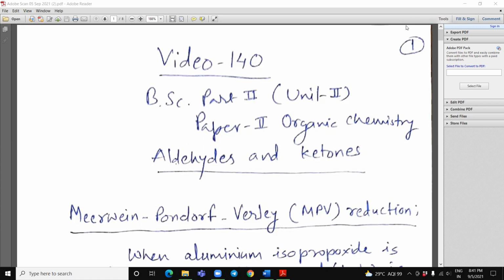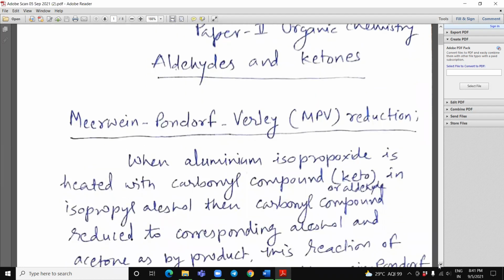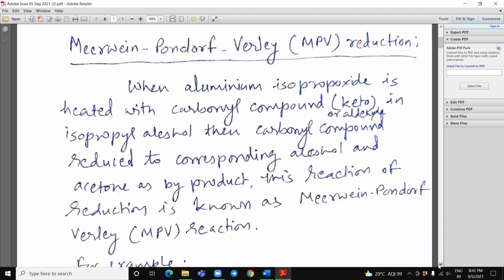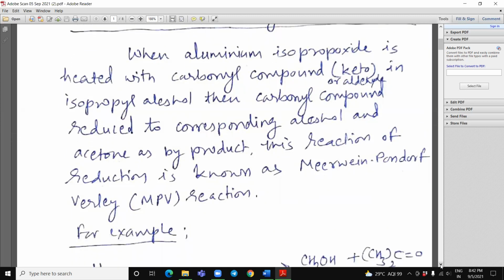Meerwein-Ponndorf-Verley reduction reaction. When aluminum isopropoxide is heated with a carbonyl compound, keto or aldehyde, in presence of isopropyl alcohol, then the carbonyl compound is reduced to the corresponding alcohol and acetone as byproduct. This reduction reaction is known as the Meerwein-Ponndorf-Verley reaction.